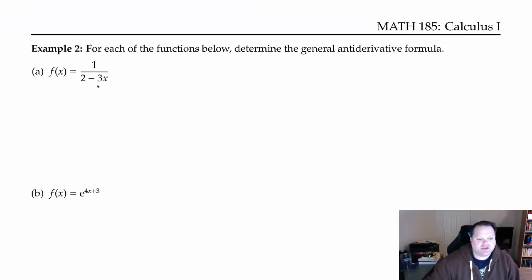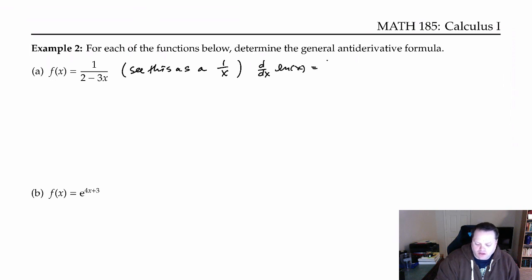All right, so I'm actually starting you off with a hard one here. 1 over 2 minus 3x. I want you to see this as a 1 over x kind of problem. And we know that the derivative of natural log is 1 over x, right?